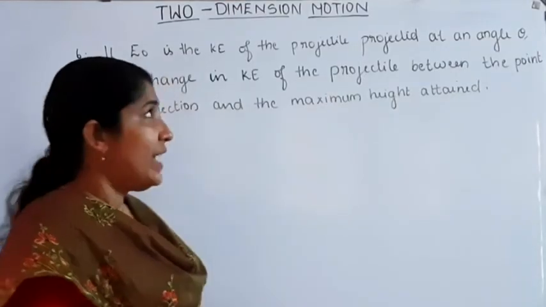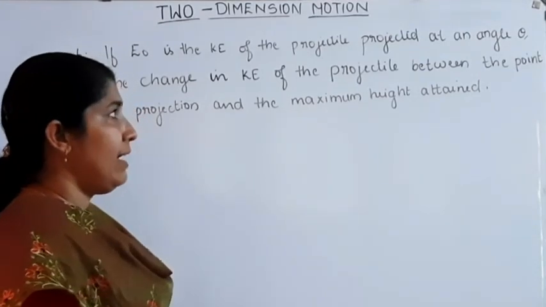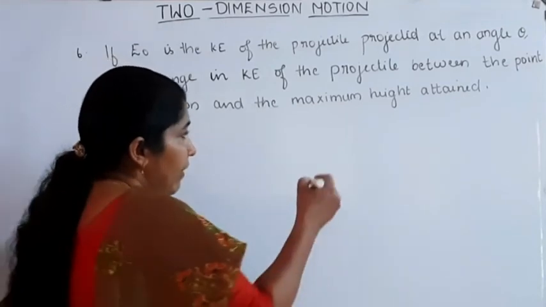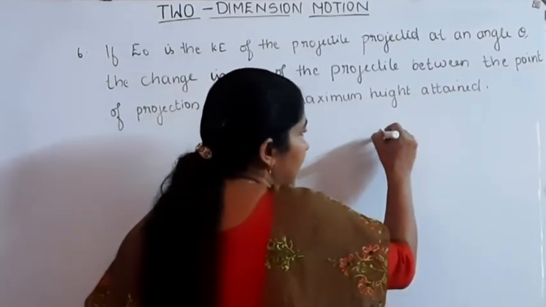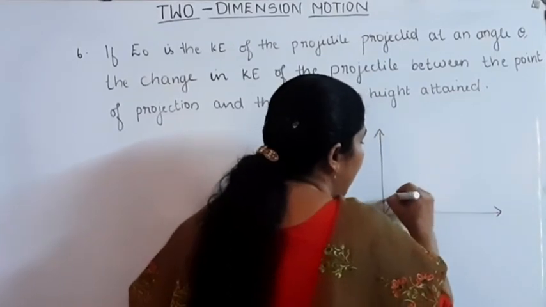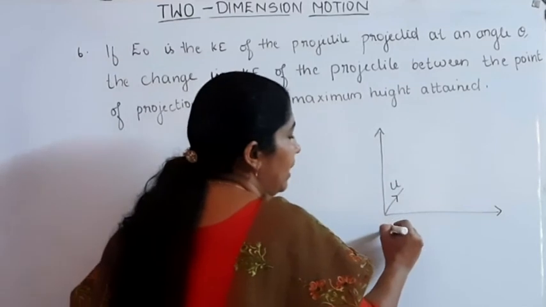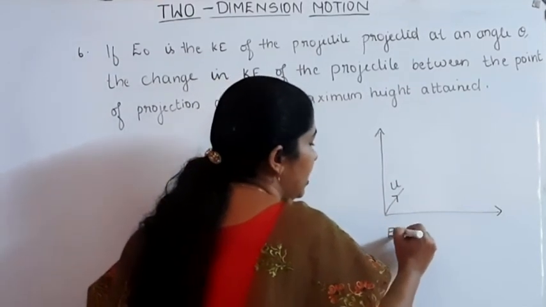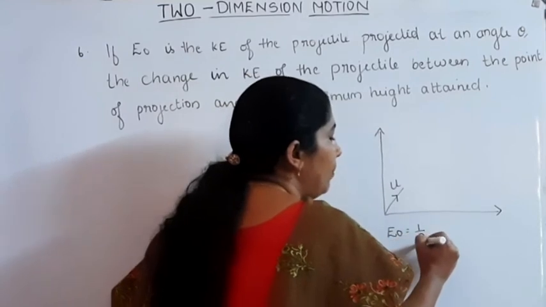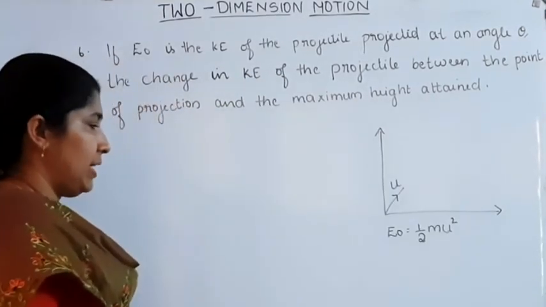Our next question. If E0 be the kinetic energy of the projectile projected at an angle theta. When the projectile is projected at an angle theta from the ground with a velocity u, E0 is the initial kinetic energy. Initial kinetic energy E0 is equal to half m u square because u is the velocity of projection.